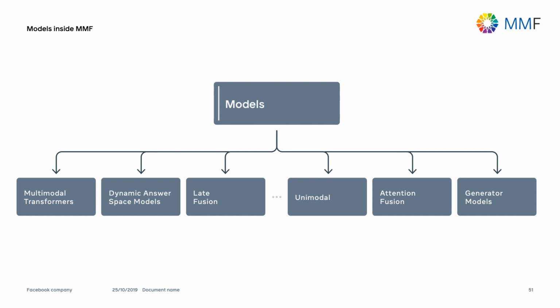So this tells us there can be very different types of models, which again tells about how flexible MMF is with regard to your model. We make no assumptions about your model, so you can ideally do anything you want. Late fusion, unimodal, attention fusion based models that are older Pythia based models, and then also the dataset models.